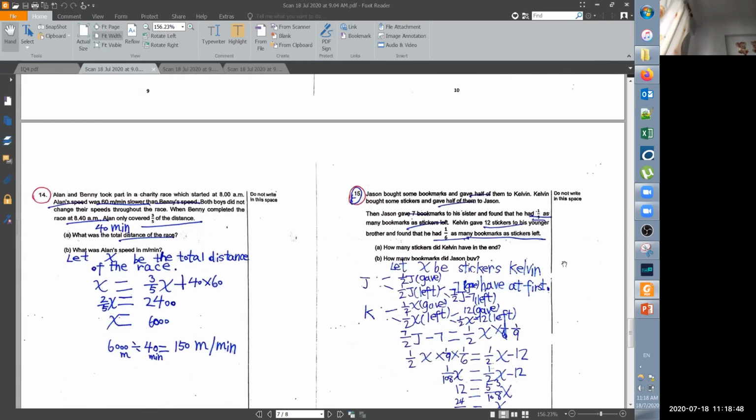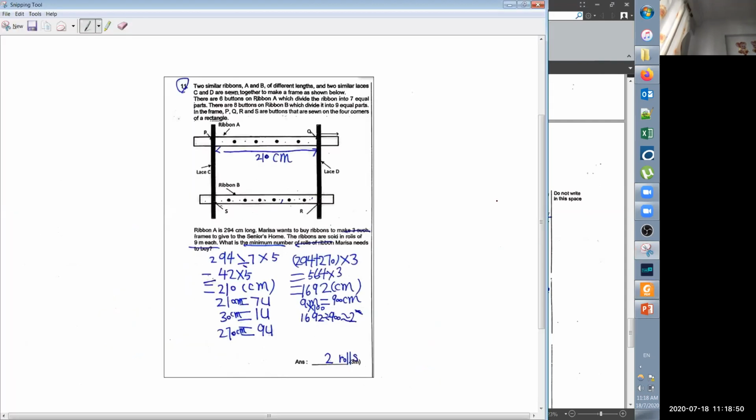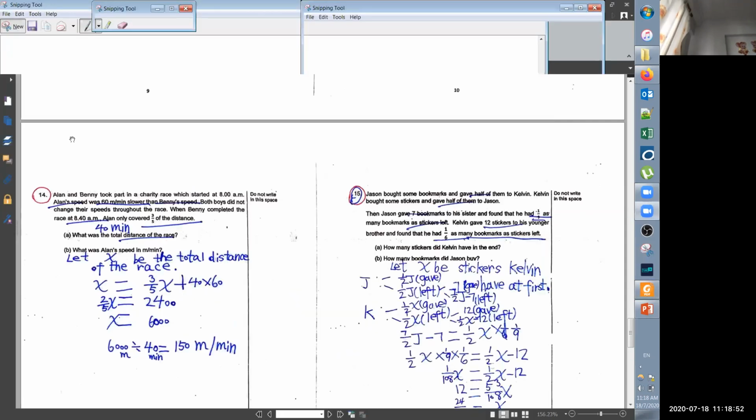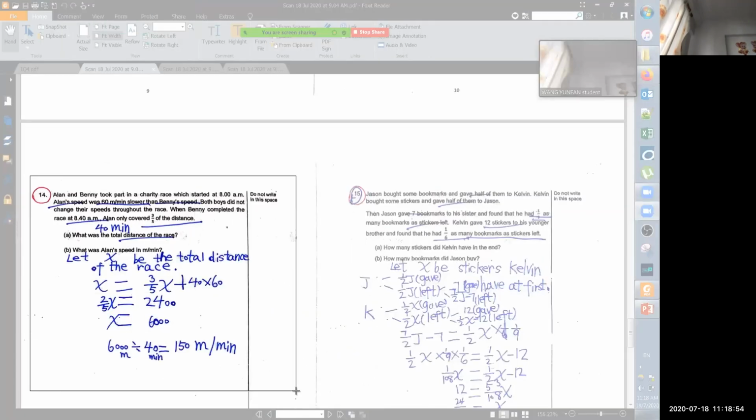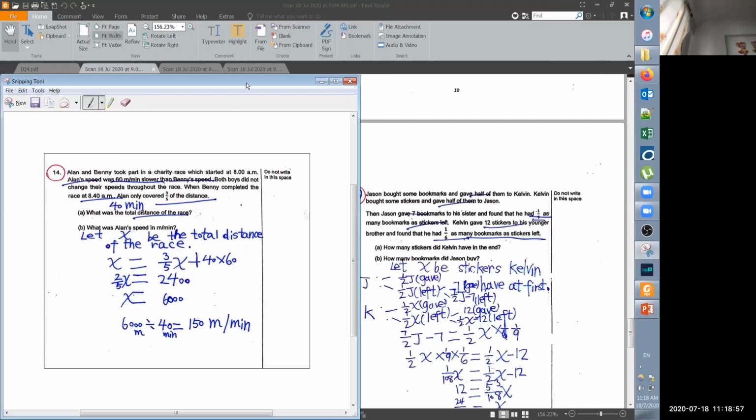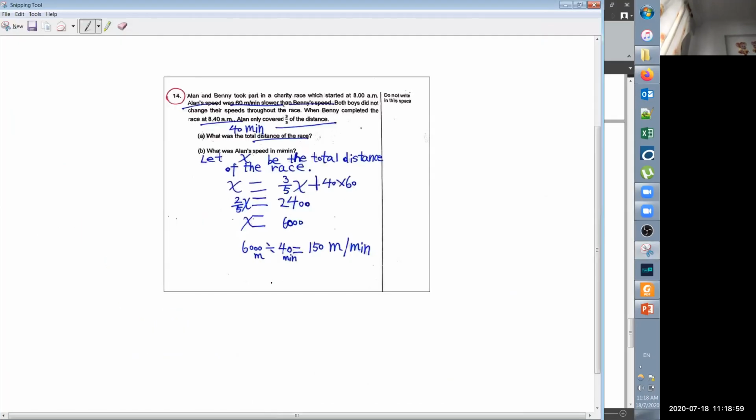Let's look at 14. So what's wrong with 14? Distance. Okay, so in order to do 14, speed is equal to distance divided by time, right? So write down the formula. So Alan took part in a charity race which started at 8 a.m. Alan's speed was 60 meter per minute slower than Benny's speed.